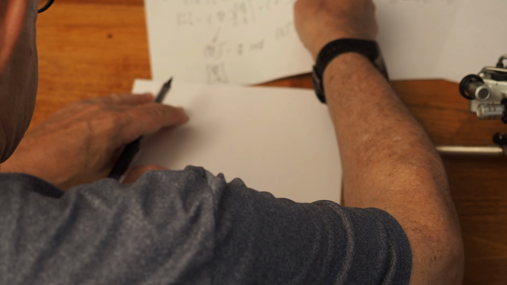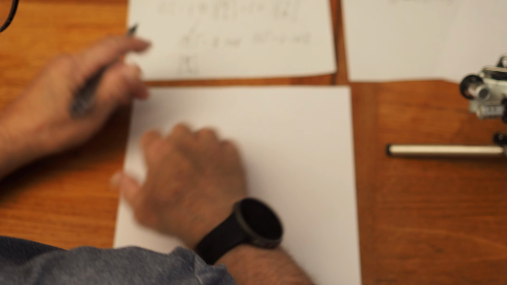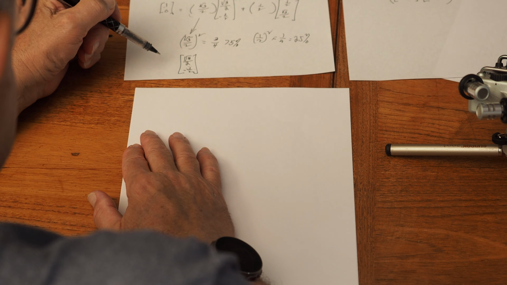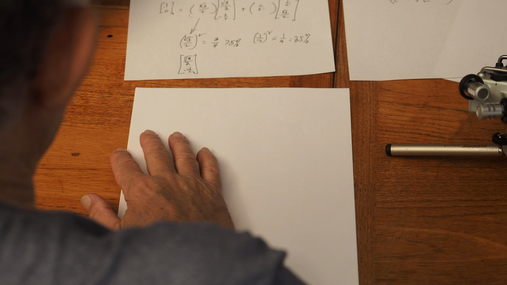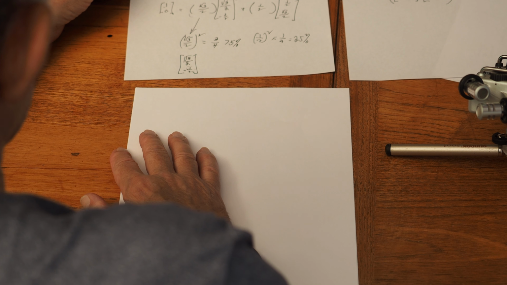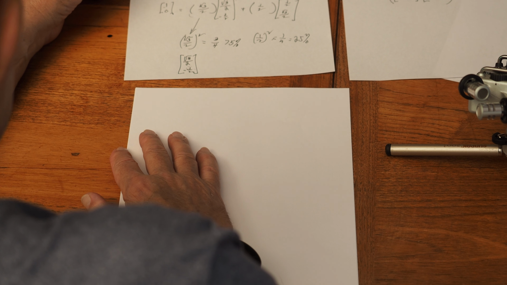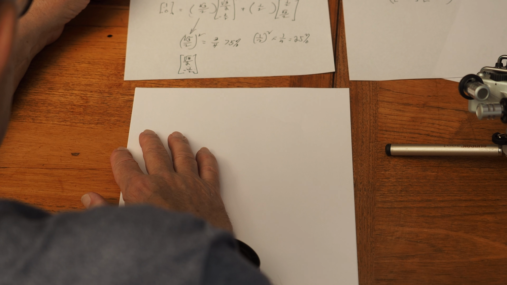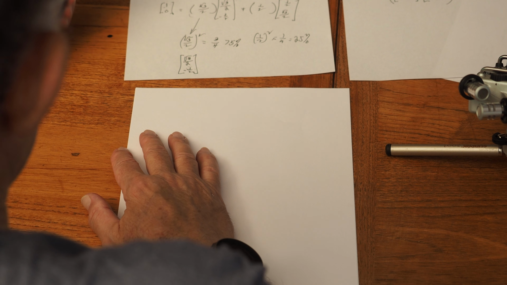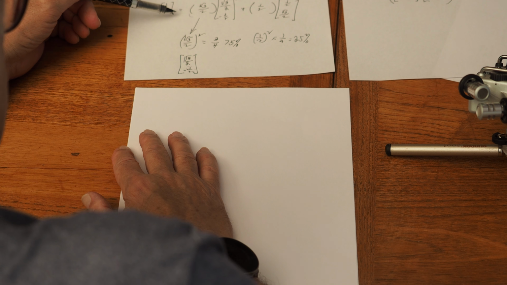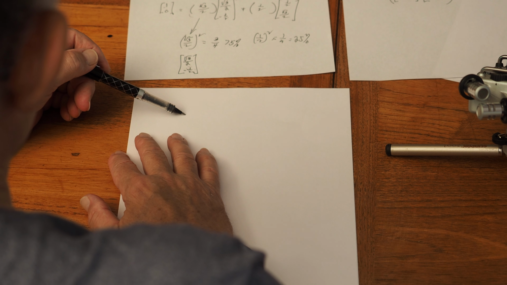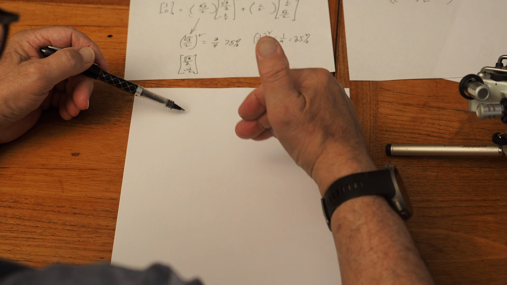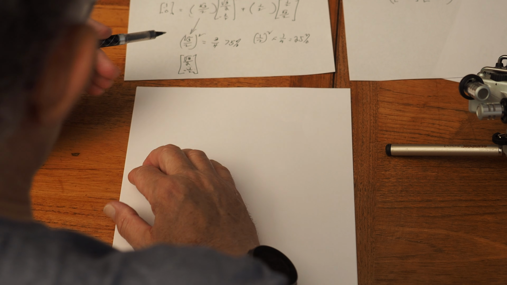Okay, so now let us see what happens if we go to a filter that is crossed with the very first filter. So we've got a vertical filter first, then we have a filter inclined at 30 degrees, and then we're going to have another filter that's going to be horizontal, selecting for horizontal light.